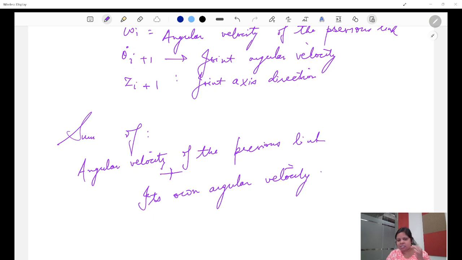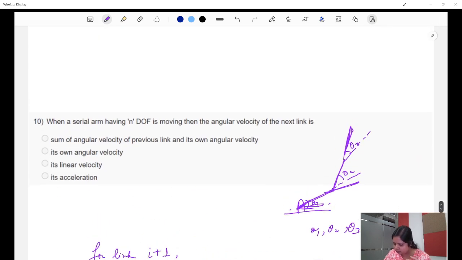So it is not just on angular velocity alone, because the next link's angular velocity is not independent. It depends on the previous link's motion.